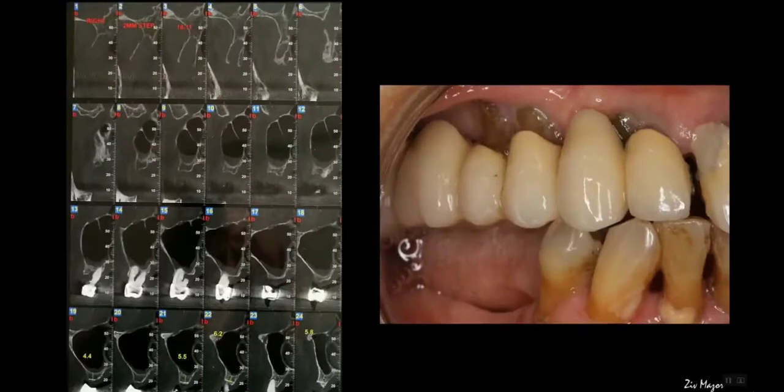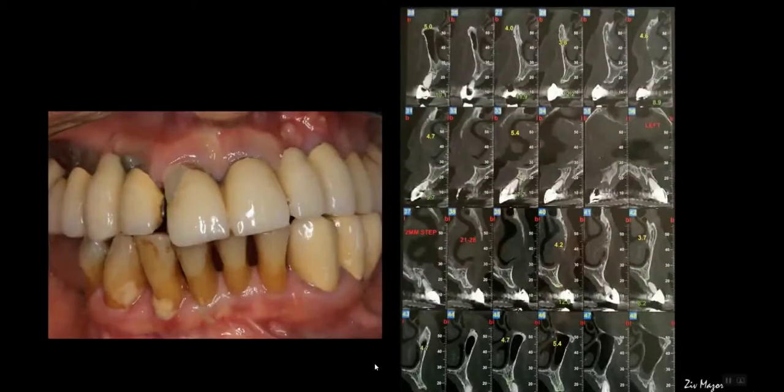So we look at the cone beam CTs, and you can note that on the upper right side, we hardly have any bone left between the sinus and the existing ridge. And in the front, we do have some bone, but again, that is quite narrow. But on the other hand, there is lots of trabecular bone inside.